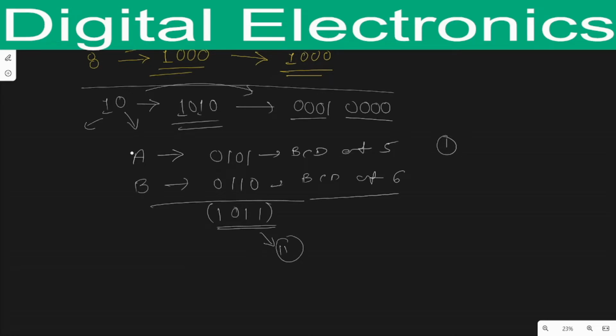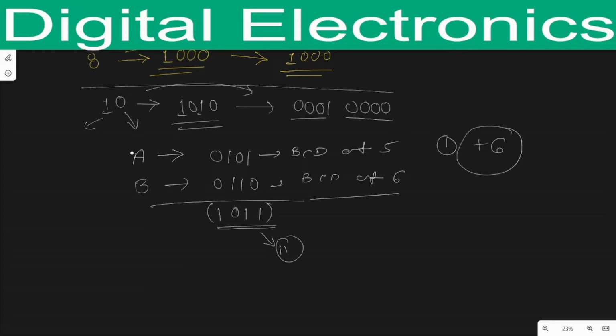Okay, so according to the first condition of BCD addition, if after the addition of two BCD numbers the answer is greater than 9, at that time we will add plus 6 with the answer for getting the BCD.